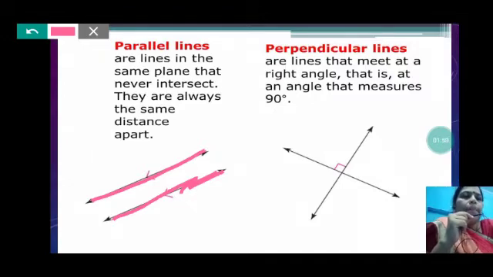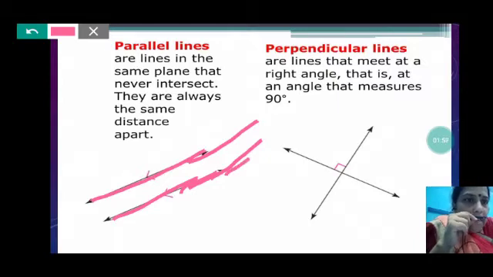When you extend them further, you will find that they go on and do not meet. So these are called parallel lines.